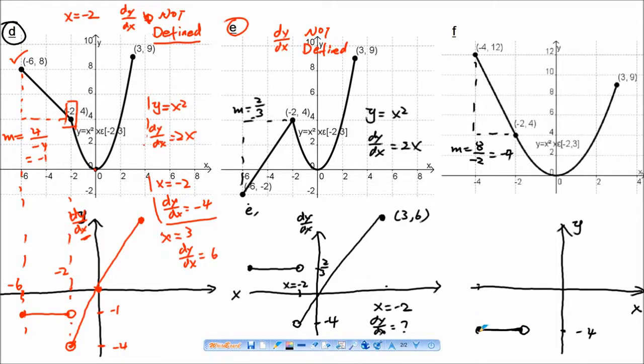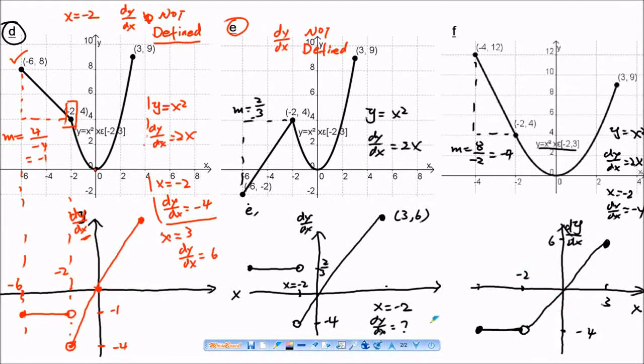Okay, and this line is y equals x squared, labeled here, and the differentiate is 2x. I have to find the starting point of the straight line. When x is -2, dy dx from the graph here is -4, so I have a match from here, and I will draw a line which is 3 here, and my dy dx will be 6.